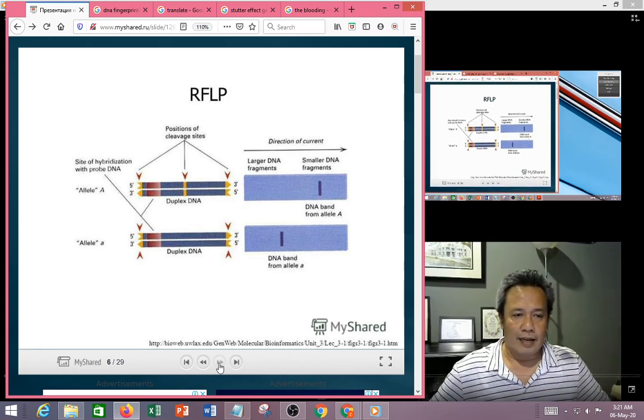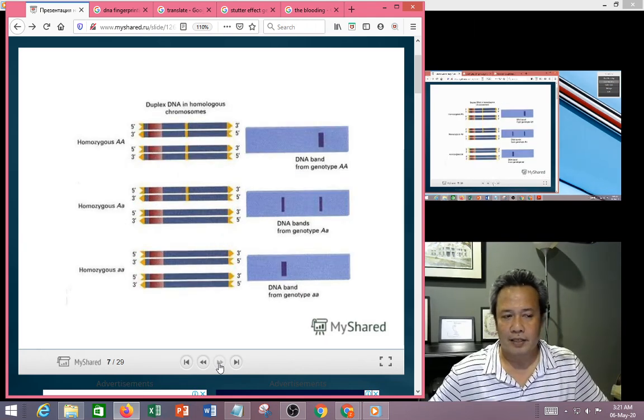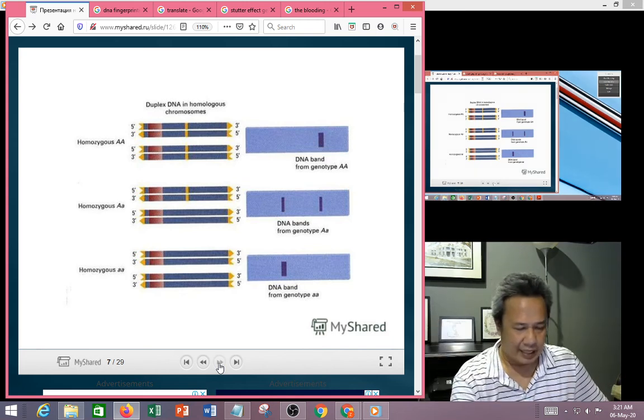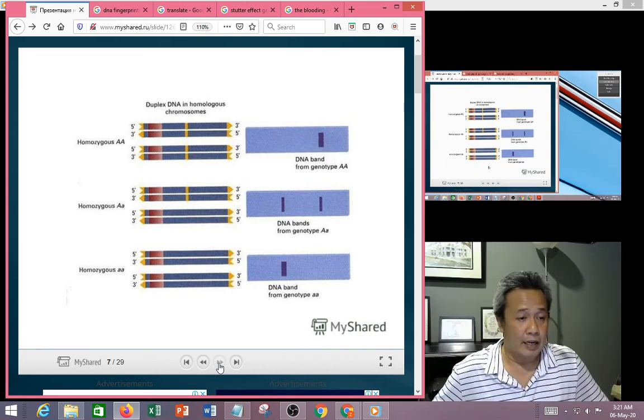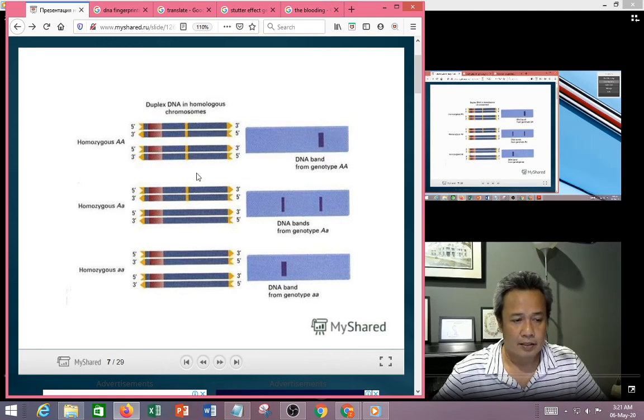Now that is just one fragment. In DNA fingerprinting, you detect many fragments. This is another example: let's say this individual is homozygous, this one heterozygous, and this one homozygous without the site. For the first individual you will have all short fragments. For the next you have a short fragment and a long fragment. The last individual will have only the long fragment.